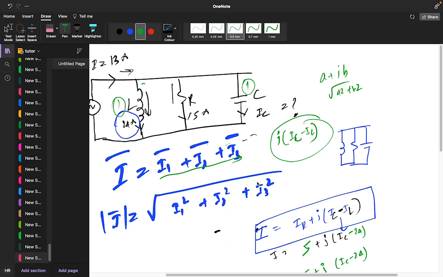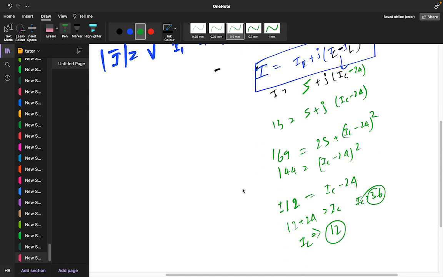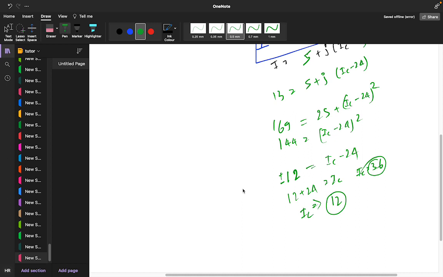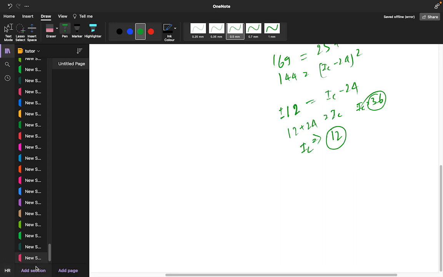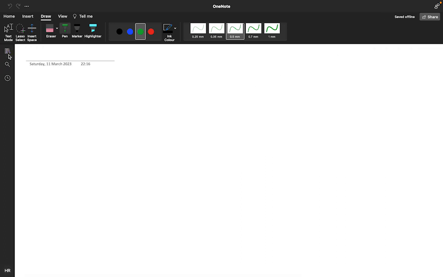So that's why we subtract 24 from IC, and you get the result like this. If you understood, then it's fine.